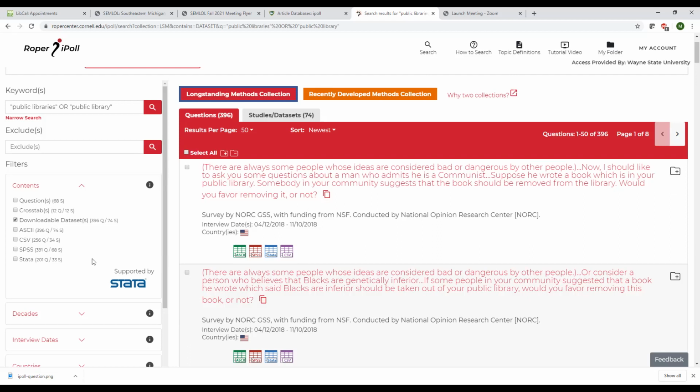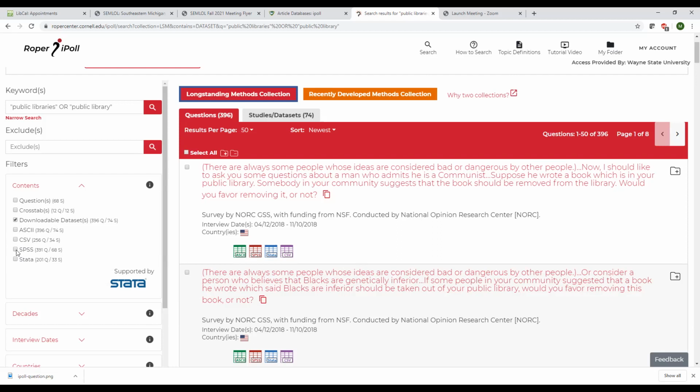I think it's rather obvious from the visual here, the file formats that you can download in. And I think it's also obvious with the navigation on the left-hand side here. And I think that probably at Wayne State, we're really looking to find data sets that are either CSV or SPSS. So you can narrow down to one of those as well.